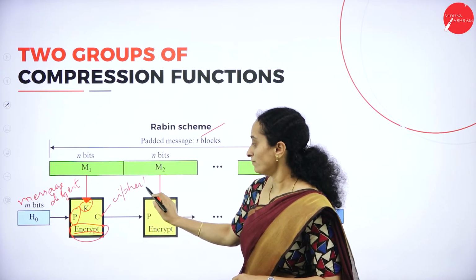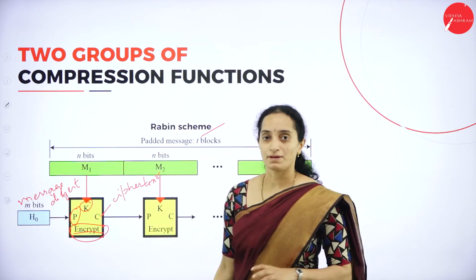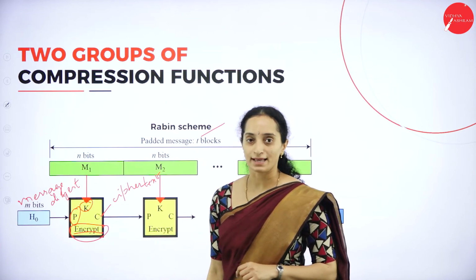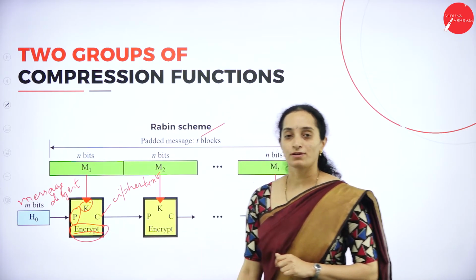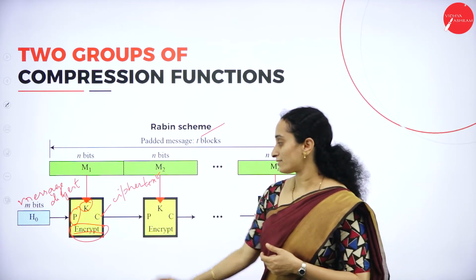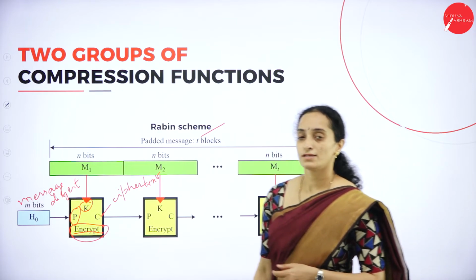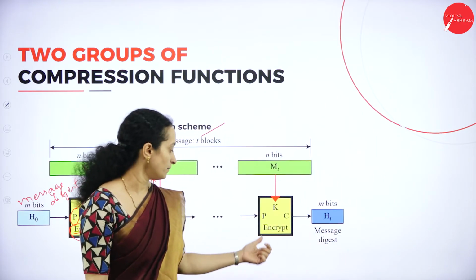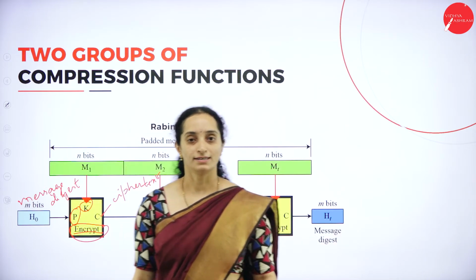Okay, in this form, we take the message digest from the previous message as the plain text for getting the message digest. The ciphertext we get is the new digest. So this is how you can use the encryption algorithm to get a new message digest.